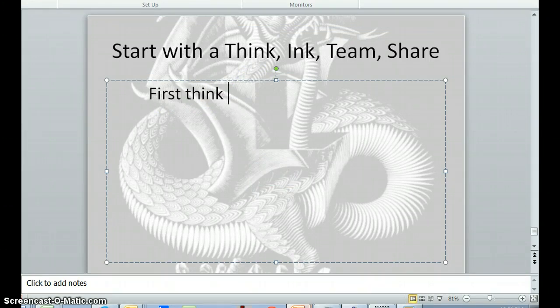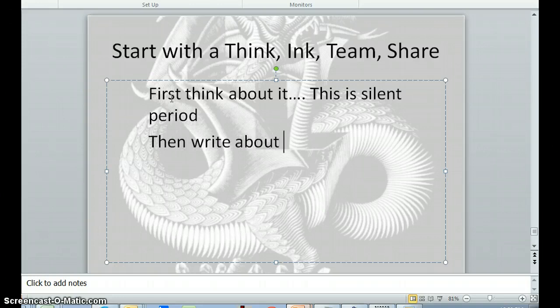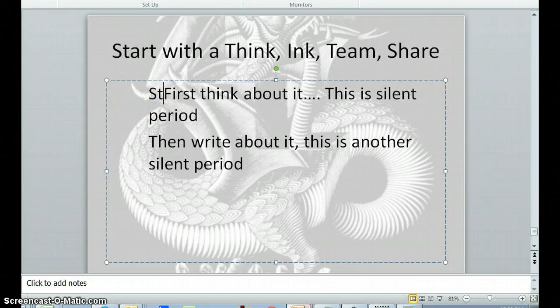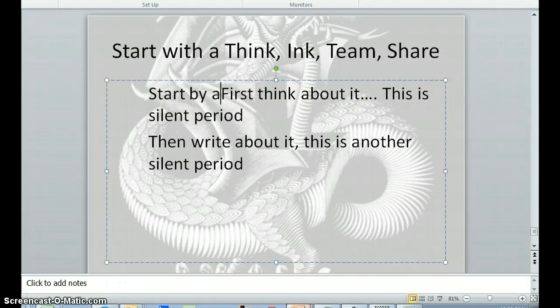So first think about it. This is a silent period. Then write about it. This is another silent period, and I'm suggesting you diagram while you're writing. Maybe you even want to start by copying the diagram or analyzing.